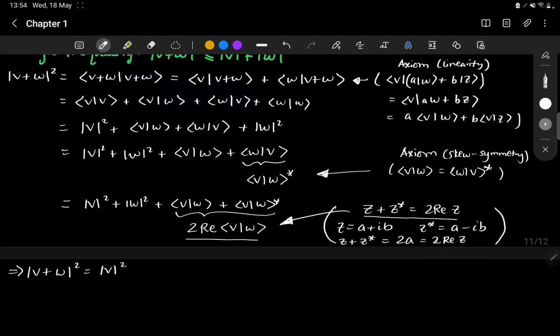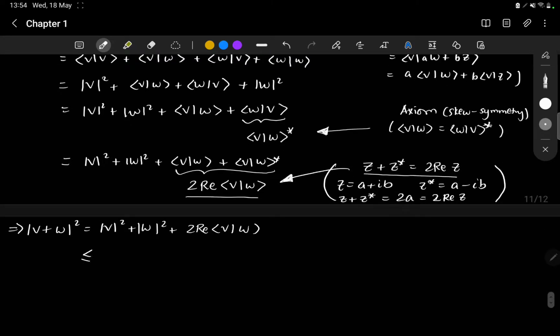Let us first rewrite the above statement. Now we will use that inequality. So this will be less than or equal to mod v squared plus mod w squared plus 2 times the mod of the inner product of v and w. So how do we get this? We get this from the identity that we were already given in the question.